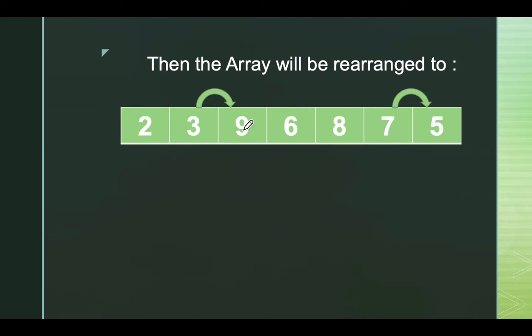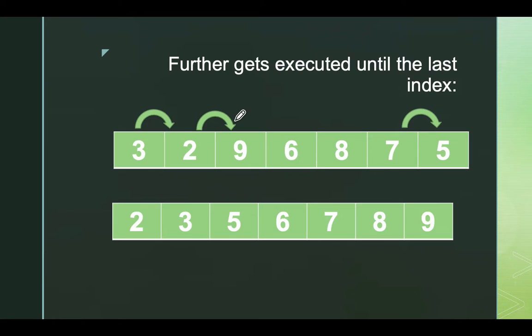Now, since 9 is greater than 3, it's not going to swap. It remains like this, and then it follows to compare 9 and 6. It gets executed until the last index, and then we get our final array. This is our first array, this is our second array, and this is our last array.